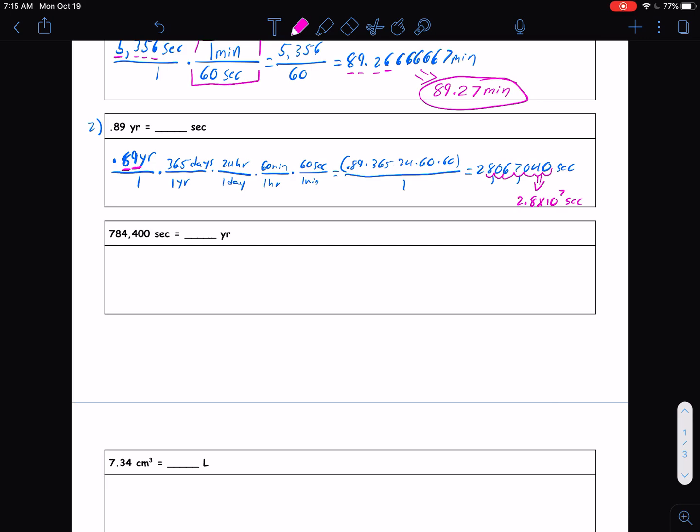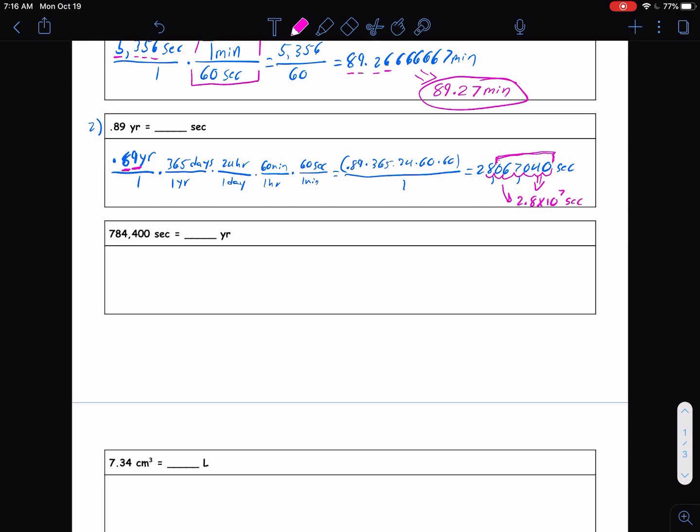The reason we're writing this as scientific notation is that these other numbers here, we don't know those. We're not exact enough with our sig figs. So this is how we write a really big number like that, in scientific notation with the proper number of sig figs.